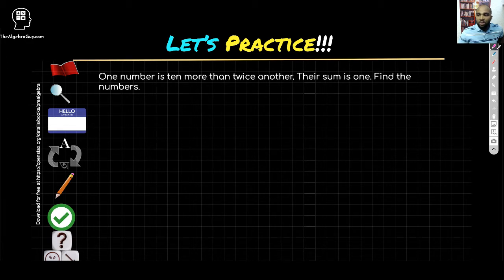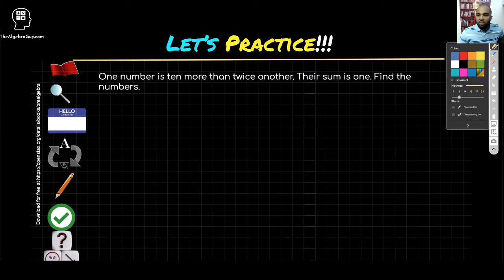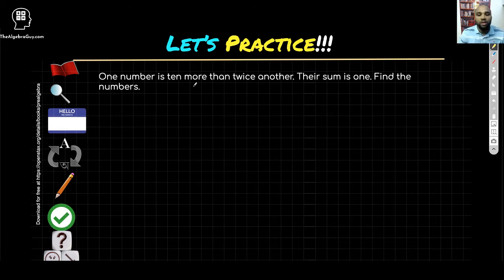All right. I'm going to change colors just for the fun of it here. One number is 10 more than twice another. Their sum is 1. Find the numbers. One number is 10 more than twice another.